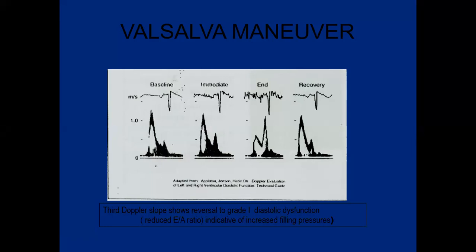When we increase intrathoracic pressure, the flow into the RA and RV is reduced, and finally the flow into the LA will reduce. The preload will reduce. And when this pattern changes from tall E, small A to small E, tall A, this is known as a pseudo-normal pattern.